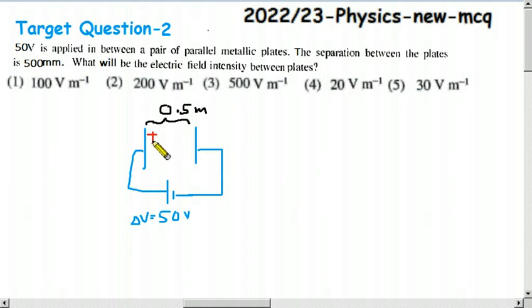So positive ions here, because the positive side of the battery is this one. So the field intensity is from positive to negative, like this.